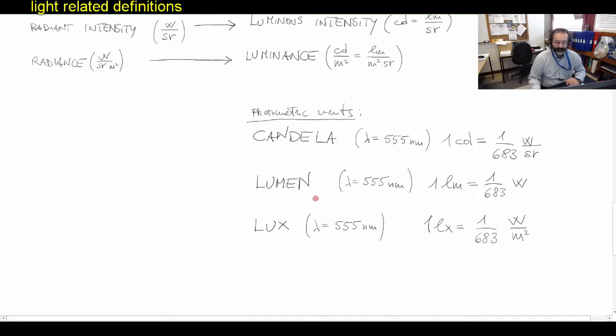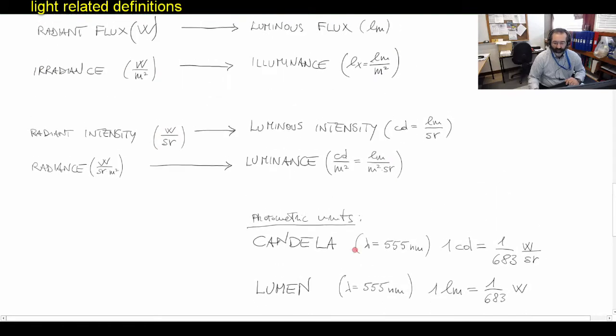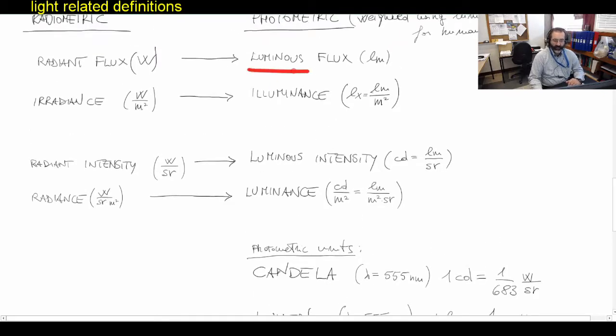The lumen, remember the candela was the unit of luminous intensity. So the candela is how the human eyes perceive light intensity, if you like. The lumen, which is the unit of luminous flux.